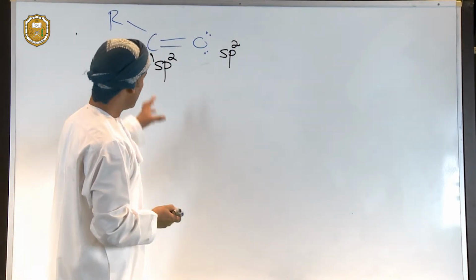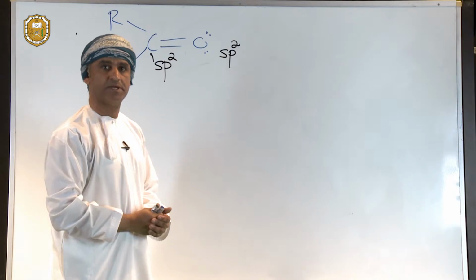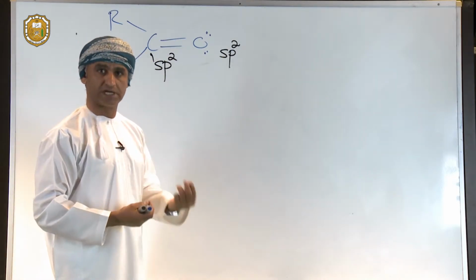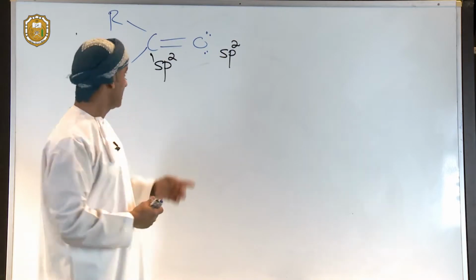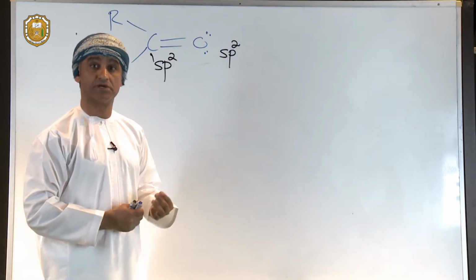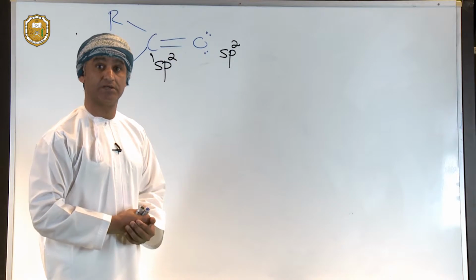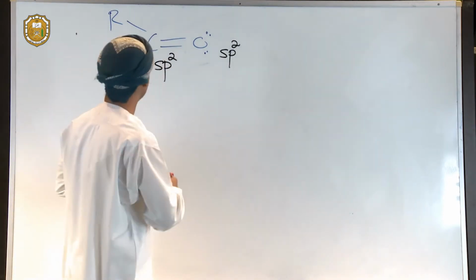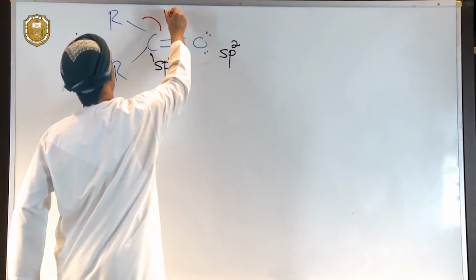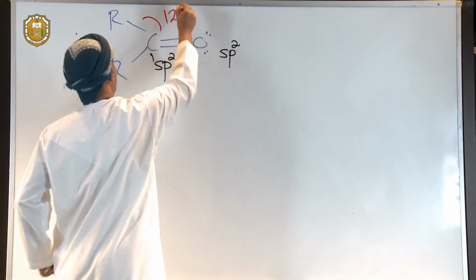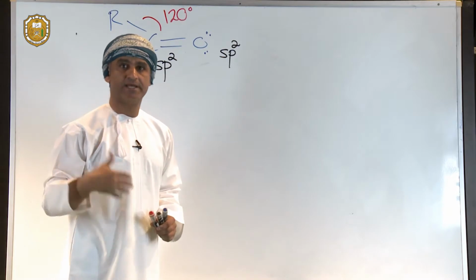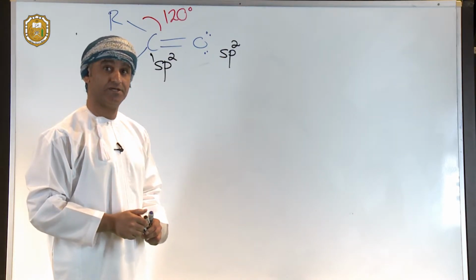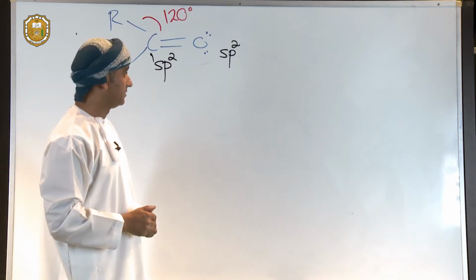Now, because of the hybridization type, the overall arrangement of electron pairs around carbon in the carbonyl group is trigonal planar, and also the molecular shape, because there is no lone pair. Therefore, the bond angle is about 120 degrees because of the trigonal planar geometry around carbon.